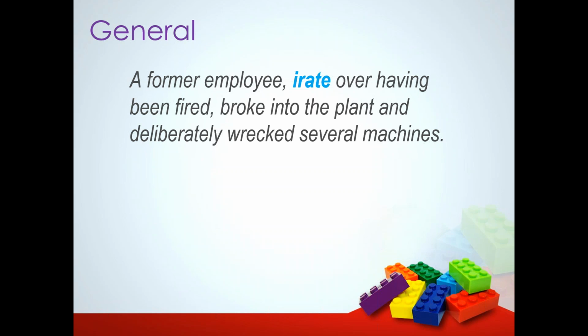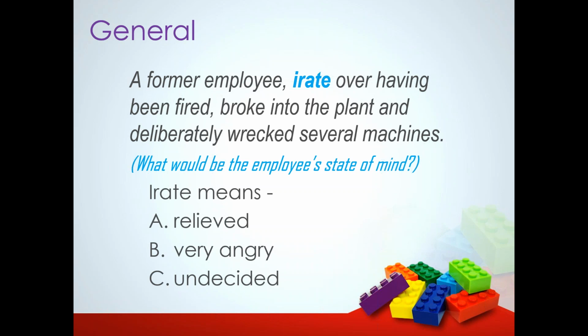So if you're irate, you might do something like breaking into a plant and wrecking the machines. Okay, so an irate person is someone who's very mad, and it makes sense you would be mad from being fired, right? So what would the employee's state of mind be? Irate means what? Relieved, very angry, or undecided. So in general, they're kind of giving you a lot of different clues to what the word might actually mean.